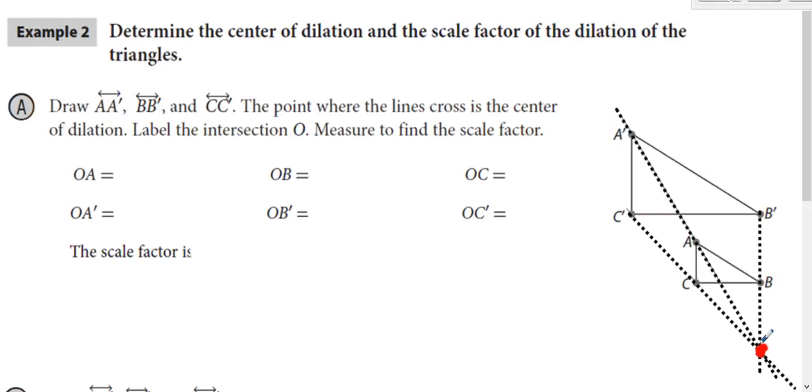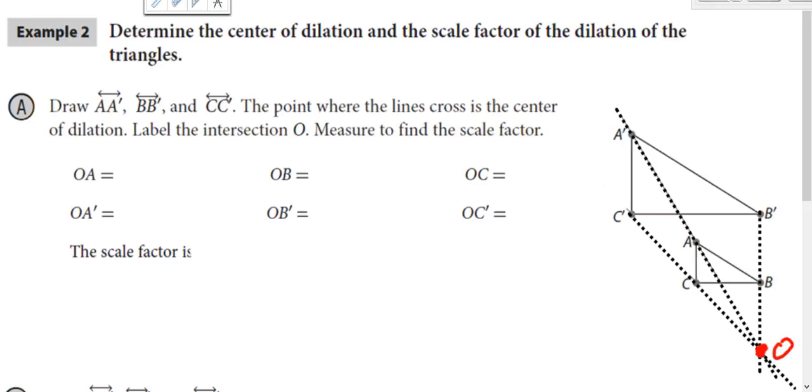That's the center of dilation, where those three lines all intersect. And then to get the scale factor, call that O, you just measure those lengths.